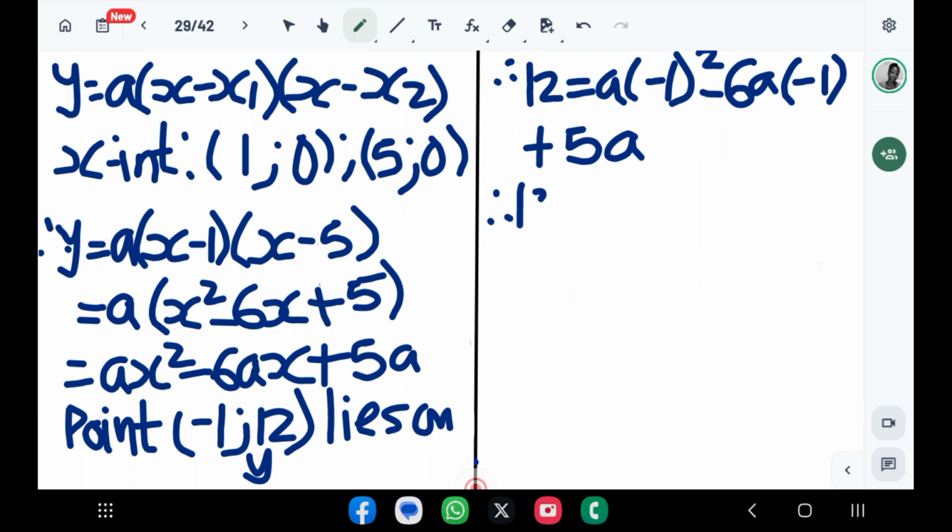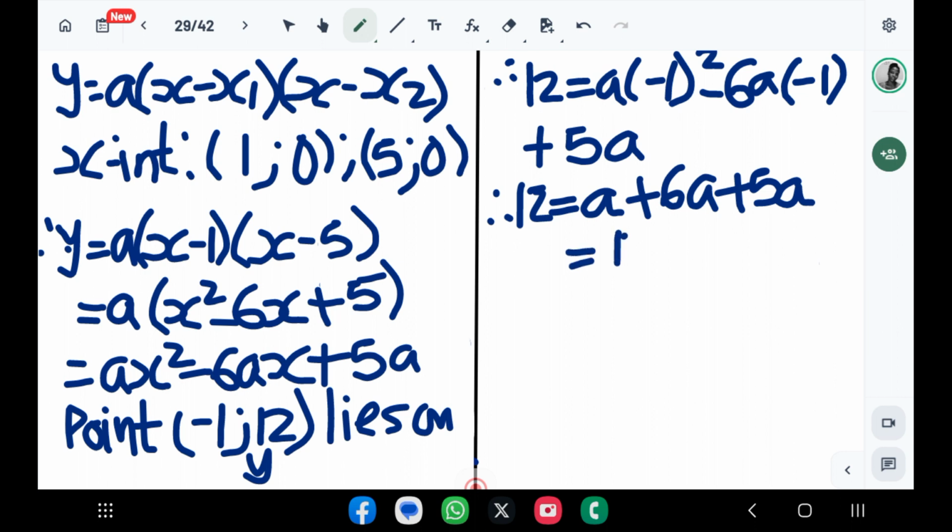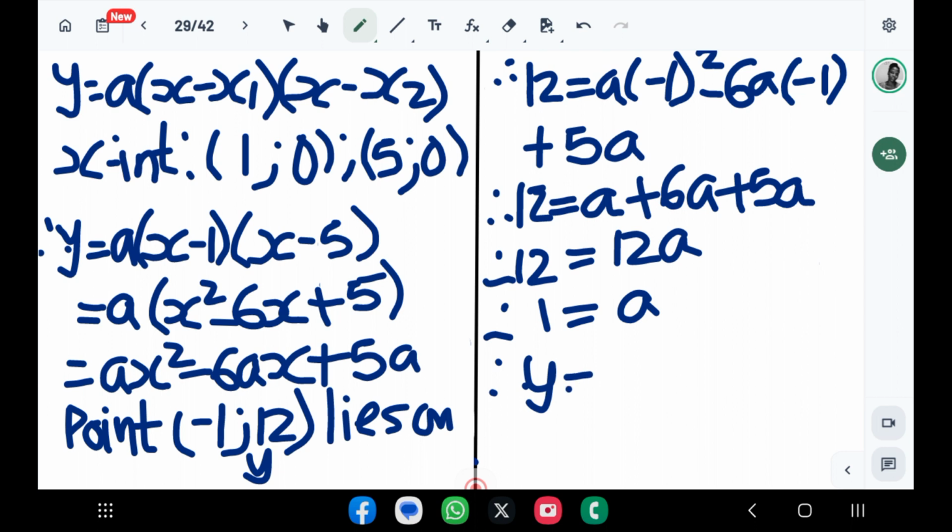Therefore 12 equals a plus 6a plus 5a. That equals 12a on the right hand side. Therefore 12 equals 12a, meaning that 1 equals a. Therefore the final equation is y equals x squared minus 6x plus 5. And that's the final equation there.